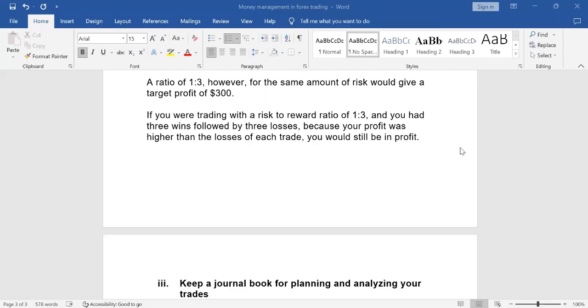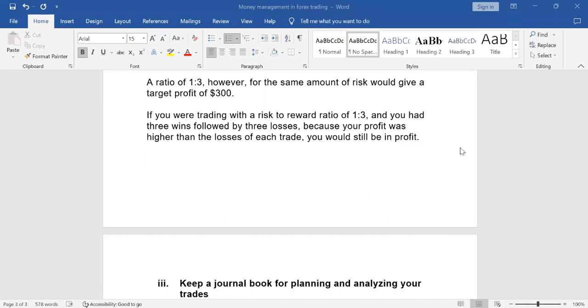Okay. Welcome to the second part. Now, anytime I want to enter a trade, if I've done my analysis and my analysis is telling me that it is ready for me to enter, I have to consider two things. Number one, my stop loss, and number two, my risk reward.